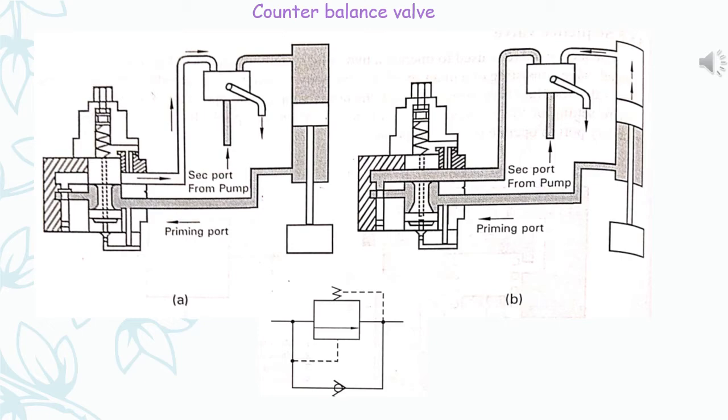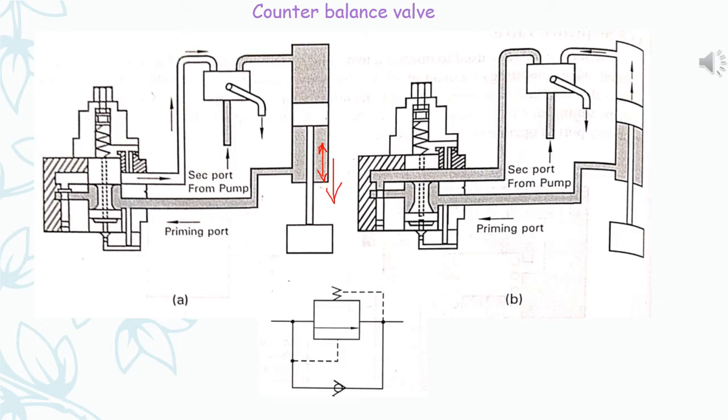Now let's go through counterbalance valve by taking a similar example but of different kind. So as you know, this counterbalance valve is used to maintain the control of a vertical cylinder in order to prevent it from descending due to gravity.